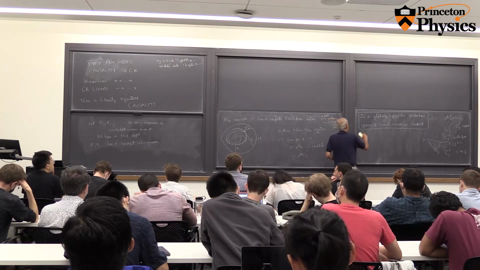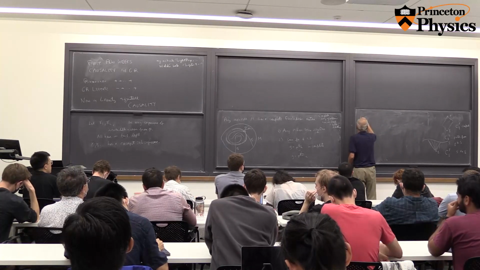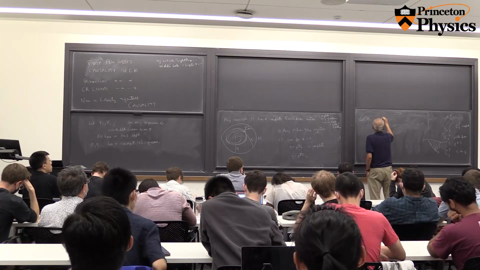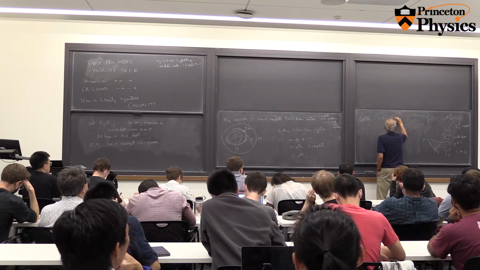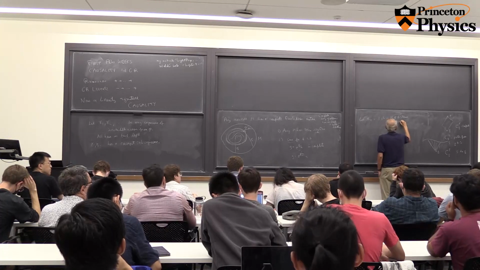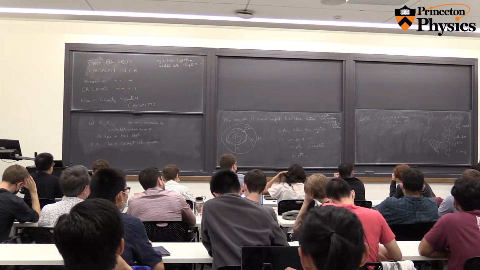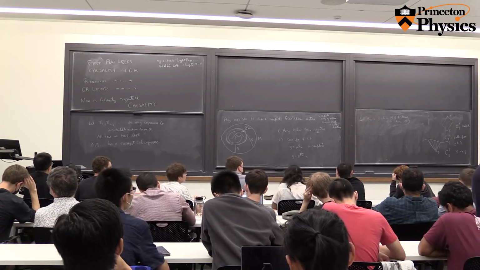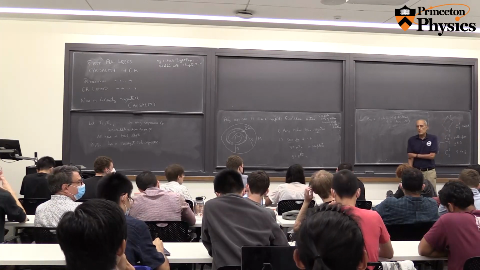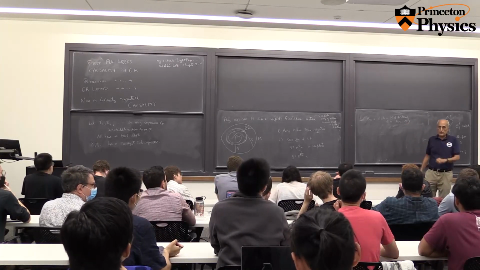Well, let B_n be the set of points in M of distance equal to or less than n from P. In a complete Riemannian manifold, that's going to be compact, because a point will have a minimum distance from P. That'll be its distance along the shortest geodesic.